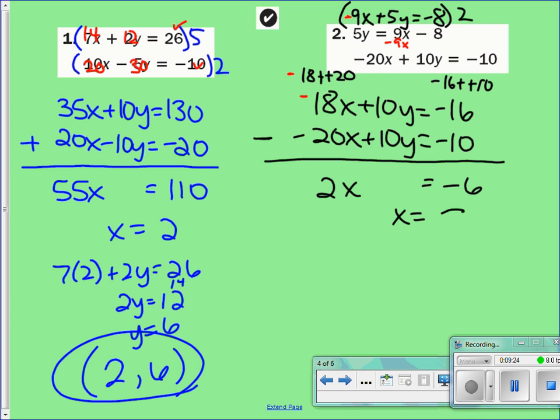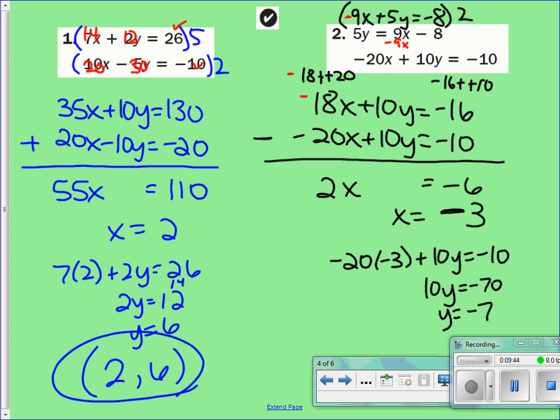X is negative 3. Use the fact that you have the answers available to you on my big campus. So that's 60. Then I'd have to subtract 60 on both sides, so negative 70. Y better equal negative 7. So my ordered pair is negative 3, negative 7.